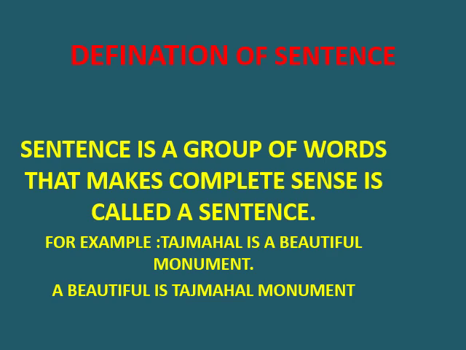It is not conveying any meaning. So that's why it is not a sentence. So here we knew that a sentence is a group of words that makes complete sense. A sentence should be more than one or two words and it should be meaningful.